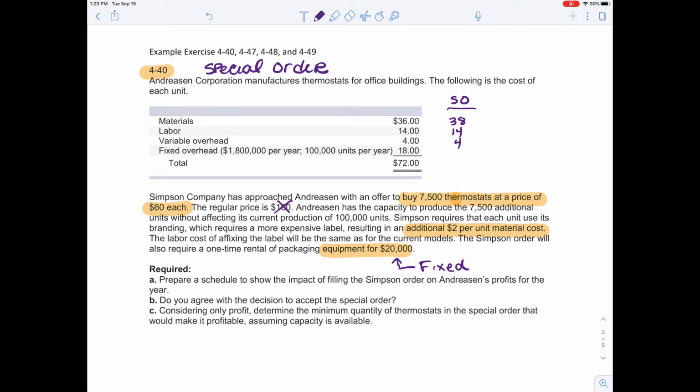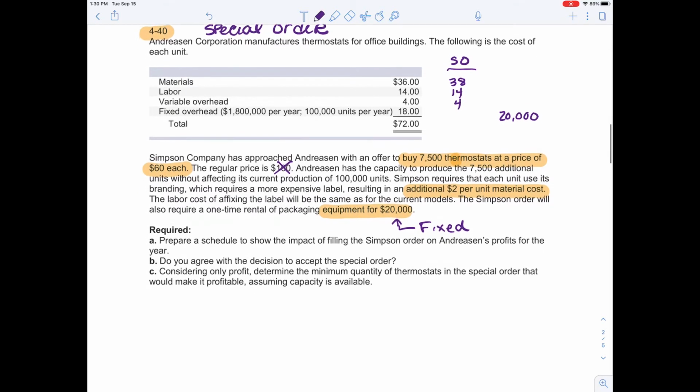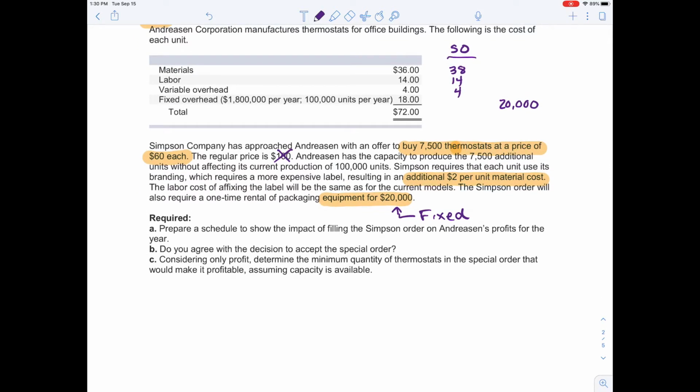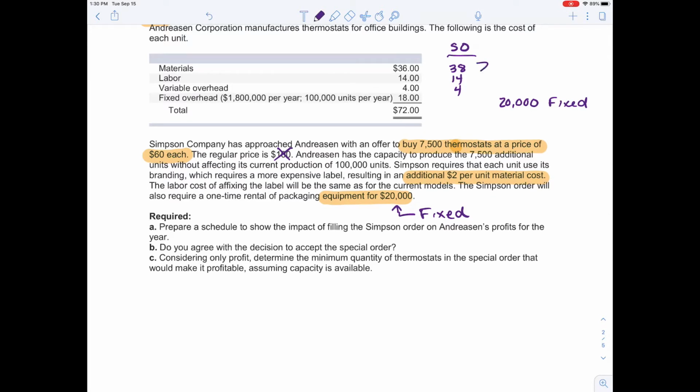And for this special order only, I have a $20,000 fixed cost. If I look at that on a per unit basis, do we need to? No, we don't really need to. So let's not look at that. So let's go through and see how this affects our decision making. So here are my variable costs.